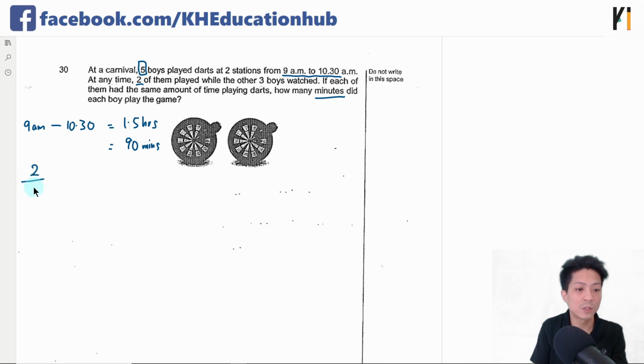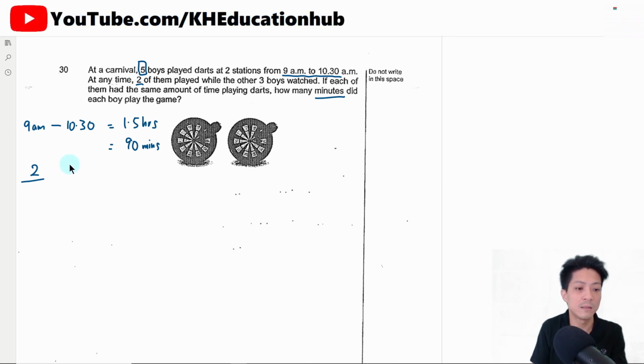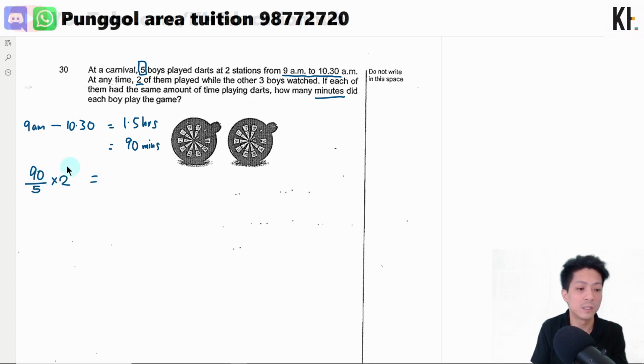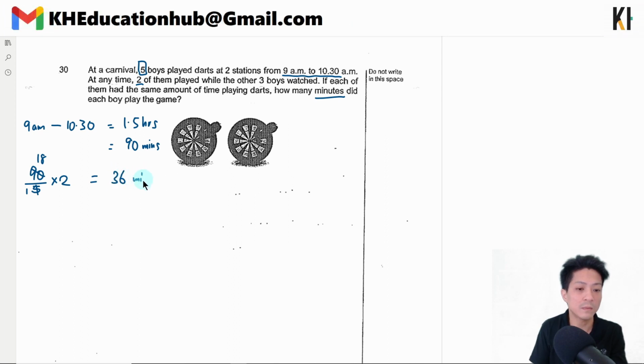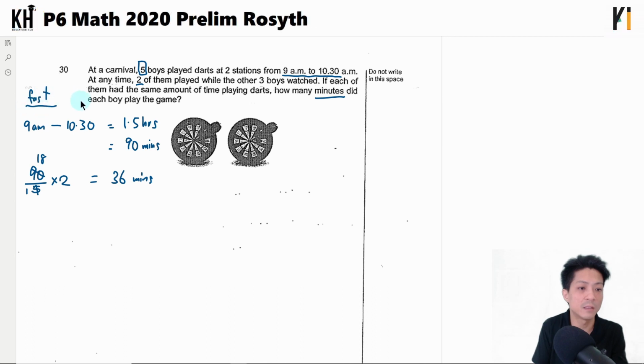The shortcut way is to use 2/5 times 90, or you can do it as 90 divided by 5, times 2. It is the same way. So I'm going to reduce, divided by 5, 18. So 18 times 2 will be 36 minutes. So this is the fast method.